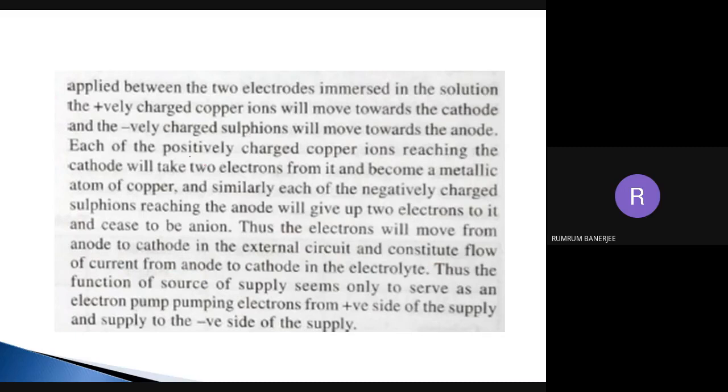Each of the positively charged copper ions reaching the cathode will take two electrons from it and become a metallic atom of copper. Similarly, each of the negatively charged sulfate ions reaching the anode will give off two electrons to it and cease to be an anion.